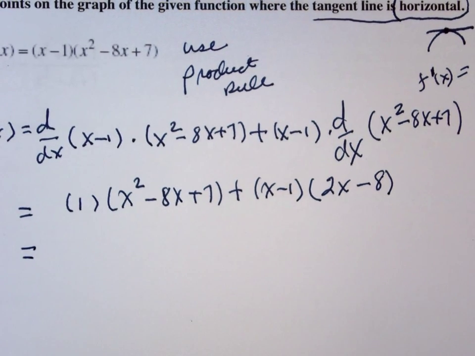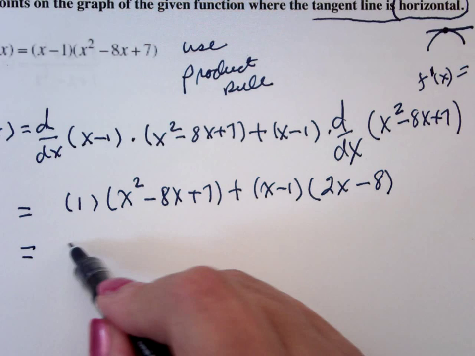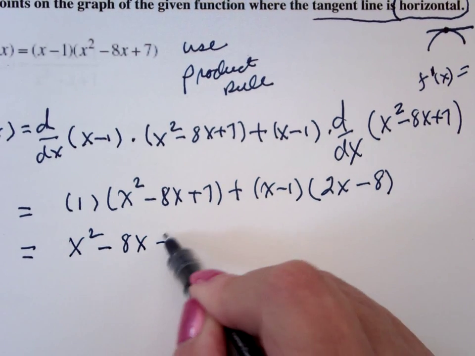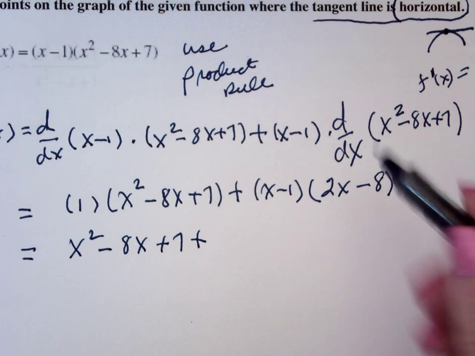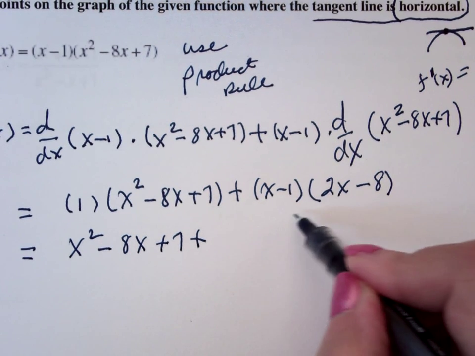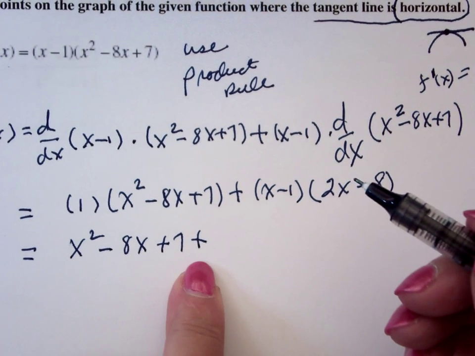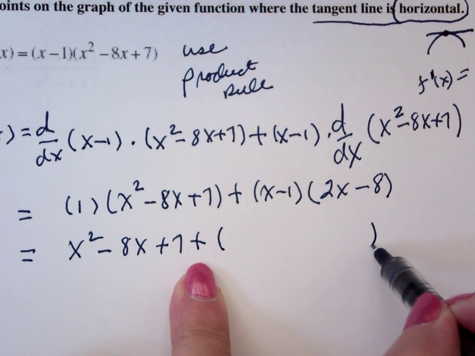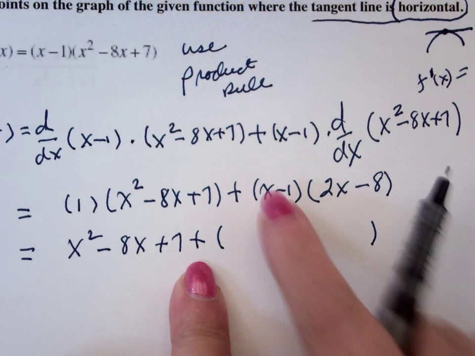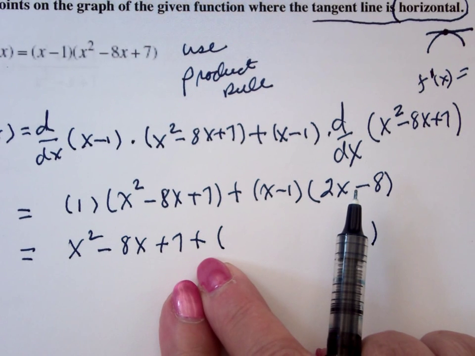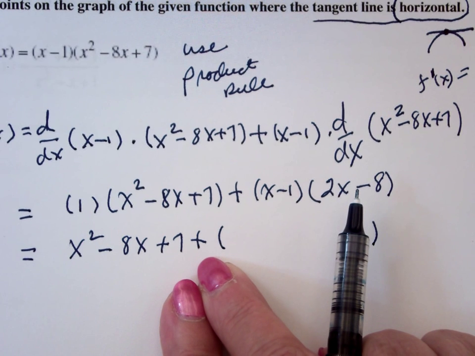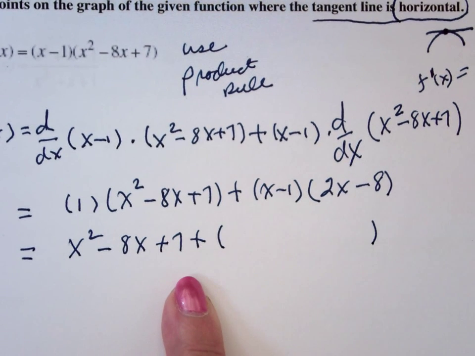So now I need to simplify, and this becomes x squared minus 8x plus 7 plus, this gets multiplied together. Since there's a plus here, I don't have to worry about, because technically speaking, I multiply these two together, then I would apply this sign to it. The sign happens to be a plus, so life is nice. If that were a minus, it would change all of the signs.